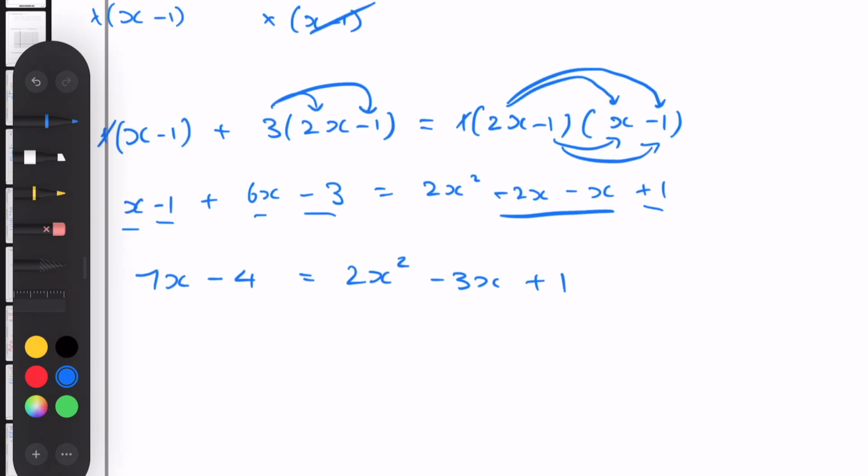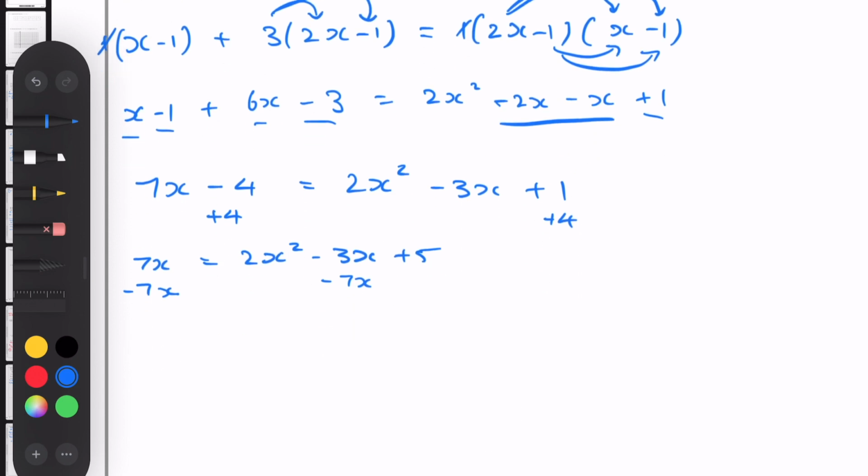So let's get rid of that minus 4 by adding 4 to both sides, and you'll get 7x equals 2x squared minus 3x. Plus 4 and plus 1 gives you plus 5. And then we're going to get rid of this 7x by taking away 7x from both sides. So now we've got 0 equals 2x squared minus 10x plus 5.